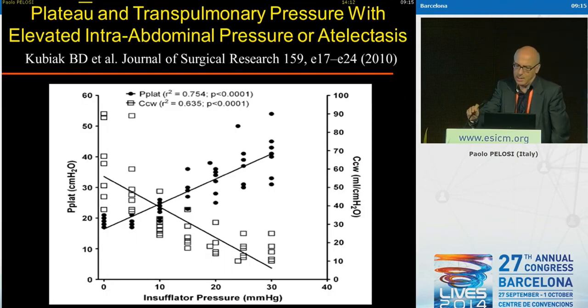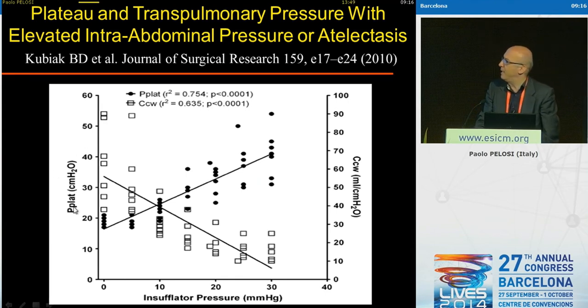suggestions. This is a nice experimental study in animals showing that increasing the intra-abdominal pressure here, we have an increase in the plateau pressure of the respiratory system, which is the most common variable that we measure and we look at on the ventilator.